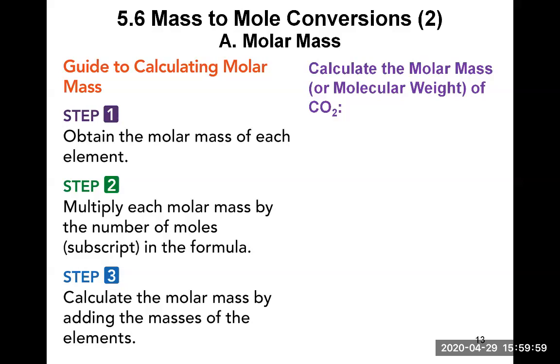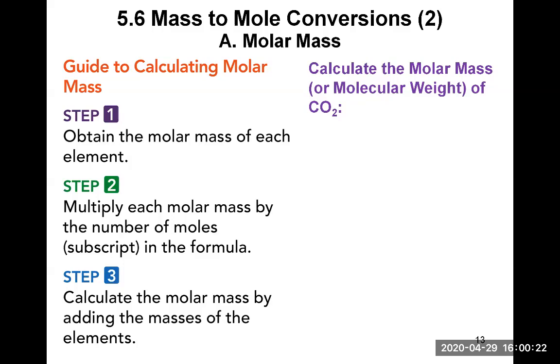So you want to gather the molar masses of each element in the formula, multiply the molar masses by the subscript for that element, and calculate the molar mass of the compound by adding the molar masses of each element. So the best is to go through an example to see how we do this.